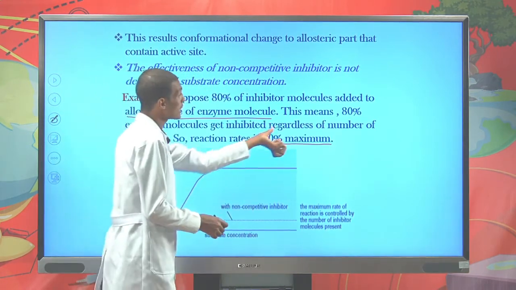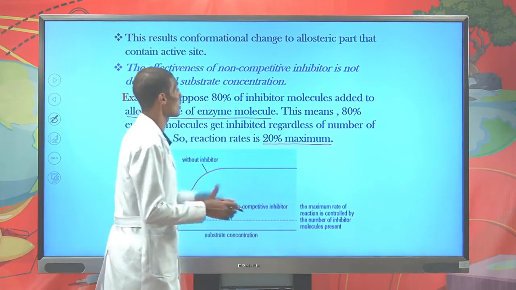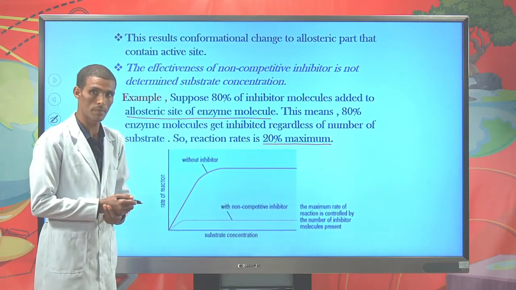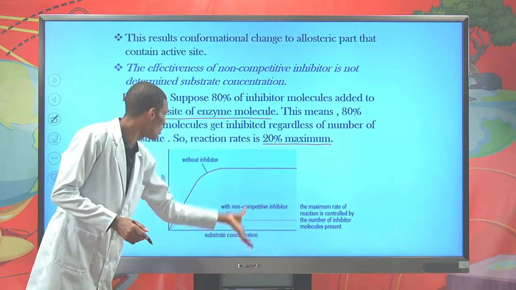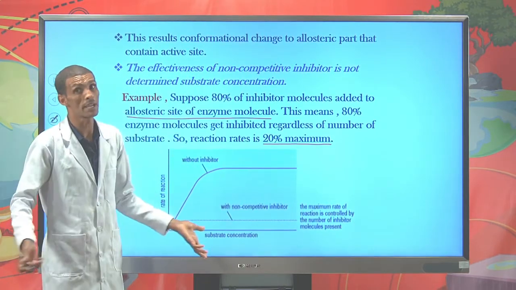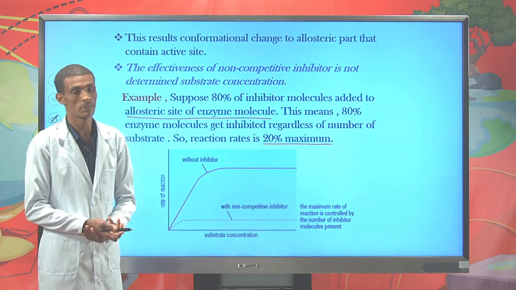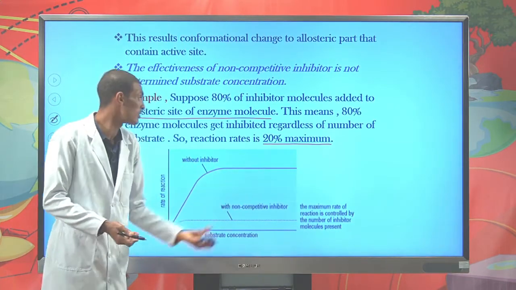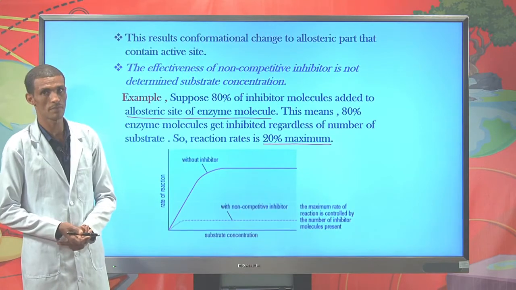Still, the reaction rate is running at 20% maximum. So, addition or removal of substrate from a non-competitive inhibitor doesn't bring any change. They affect the rate of the reaction regardless of the concentration of substrate.